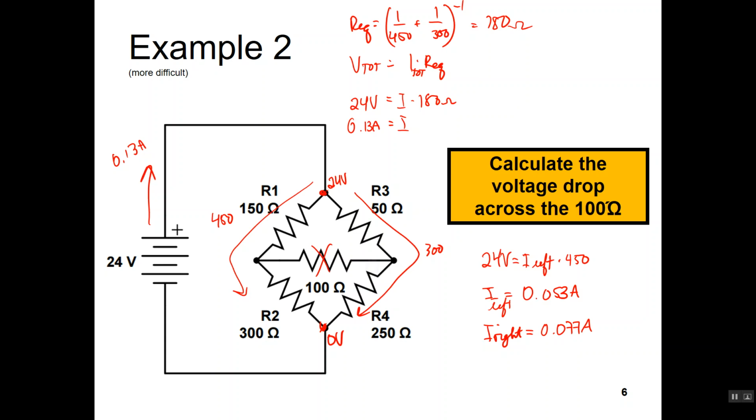So if this is going to be 0.53, I can figure out what my voltage drop is for that first resistor there. Can someone do that for me? How much? 7.95 volts. And therefore, by subtraction, I can figure out that this is going to be 16.05 volts.